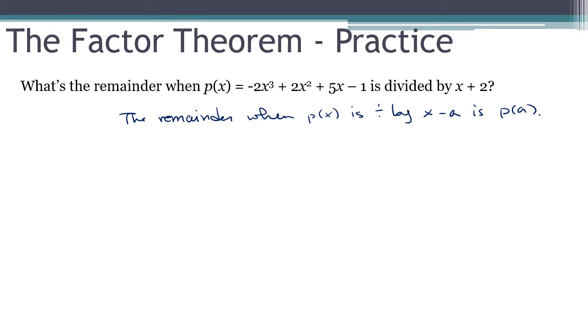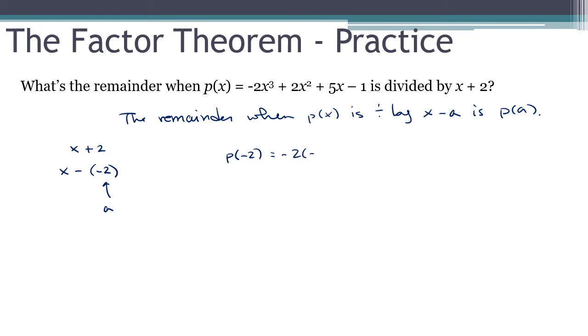Now, I don't have x minus here in my example. I have x plus, and I have to make that look like x minus something, and that something is the number I'm going to put into the polynomial. Well, x minus negative 2 is x plus 2, so this is my a. So I'm going to evaluate p of negative 2.